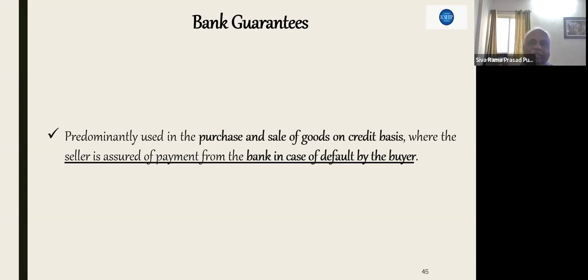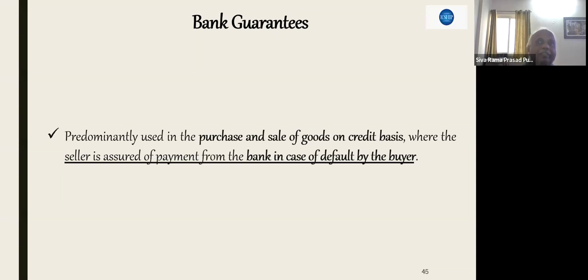The bank is an intermediary between the buyer and the seller, or between the applicant and the beneficiary. Why the banks? They are believed because it is a scheduled commercial bank. If I am giving a guarantee, nobody will believe.